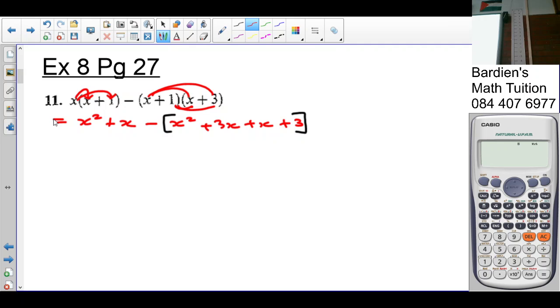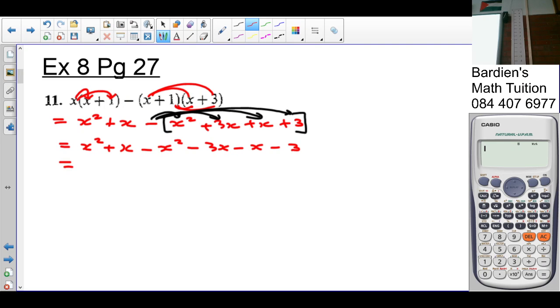Okay, so what do I do now? Multiply the negative in? Yes, or I could have added like terms, but the core was first to multiply in. So what do we get? x squared plus x minus x squared minus 3x minus x minus 3. Now what do we do? Like terms.